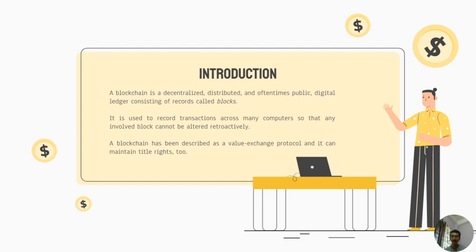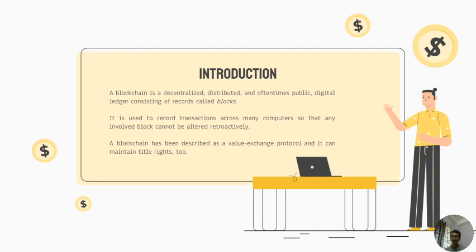Next, it says that it has been described as a value exchange protocol, and it can maintain title rights too. In the further slides I will be discussing the features, which means that a blockchain is tamper proof. Why? Because I will be saying that in the next slide. For that reason we can use it as a title rights database.